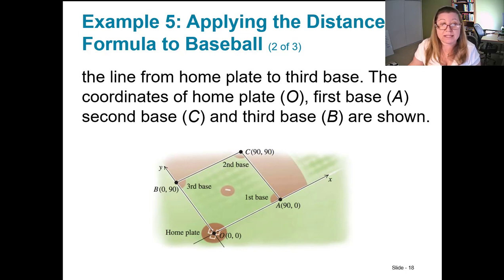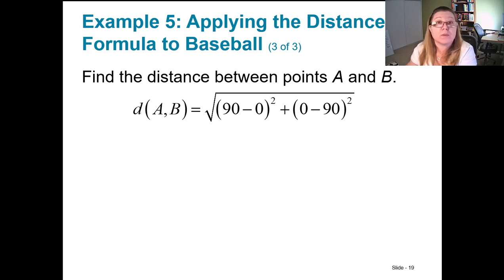So we're looking for this distance from A to B. Good news is we're working with some zeros because we put it on the Cartesian plane. To get from home plate to A was only in the x direction, and from home plate to B was only in the y direction. So we've got a few zeros that we can calculate.